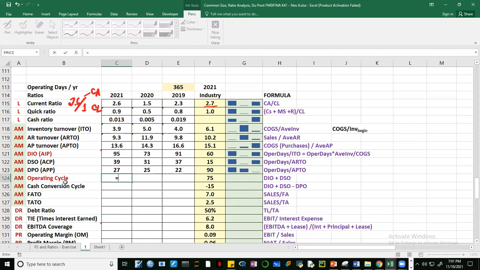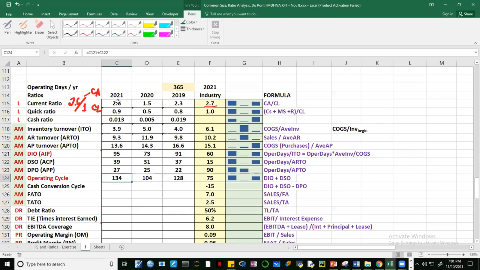Our operating cycle is 95 days for the company to buy raw materials, convert the goods to finished goods, and then sell, plus 39 days nila muna bago makolekta yung receivable. Okay? So 134. 134 days noong 2021.